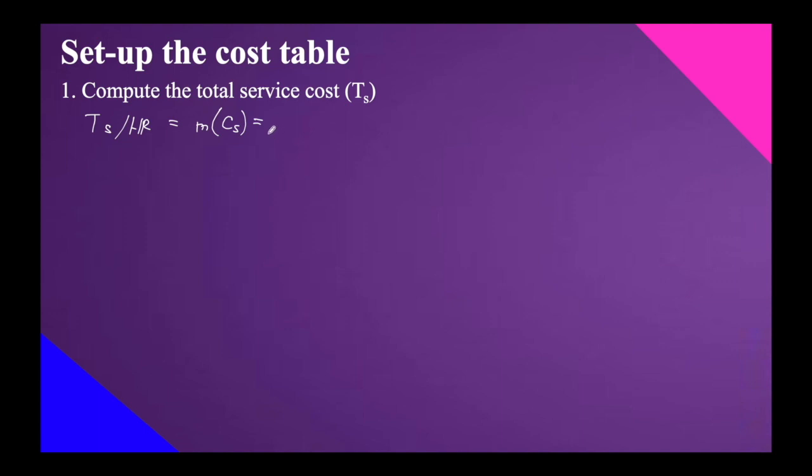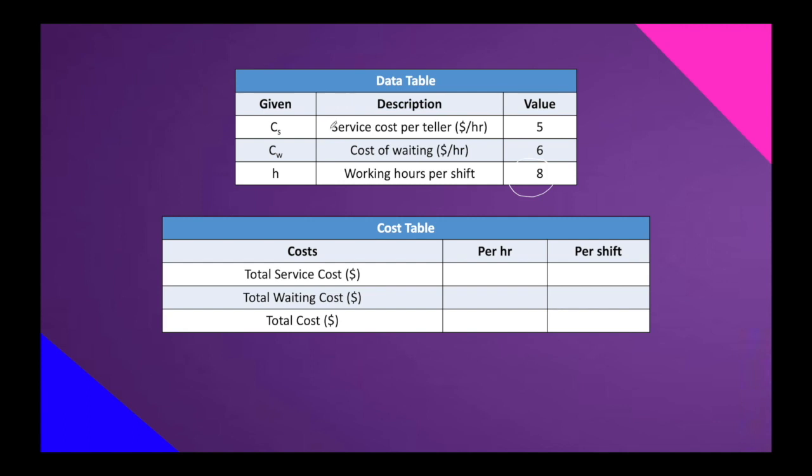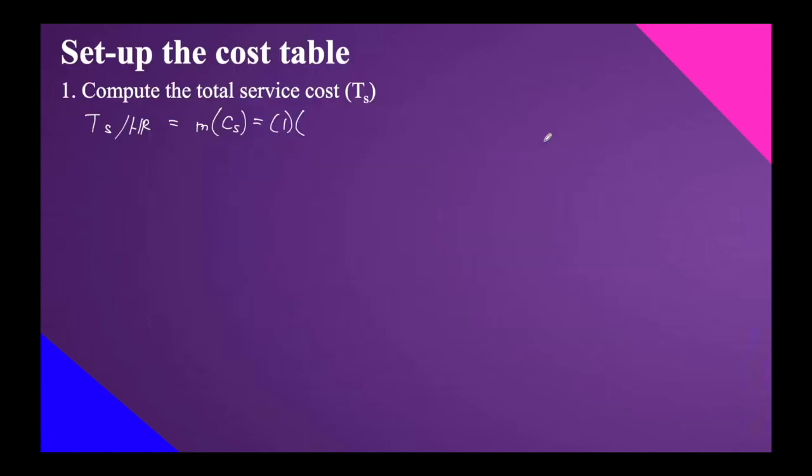Balikan ninyo yung unang part ng presentation. Sinabi ko doon na M is the number of servers, which is in our case, the number of tellers. Since mag-isa lang siya, so 1 yan, our value for C sub S is 5. So, service cost per teller, ito yung sahod niya, $5 per hour. So, let's have it here, 5. So, 1 times 5 is 5.